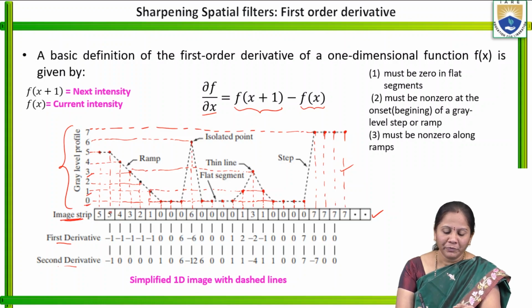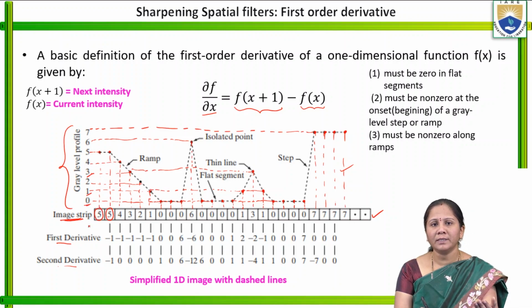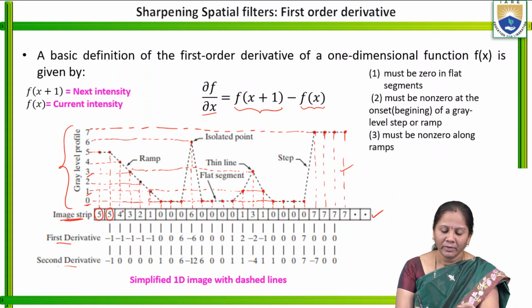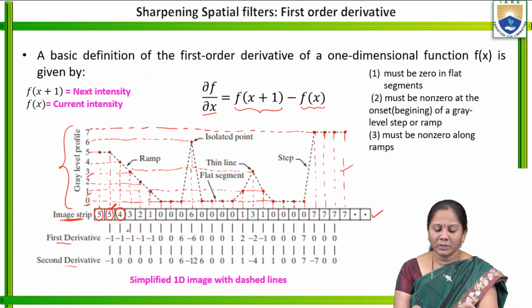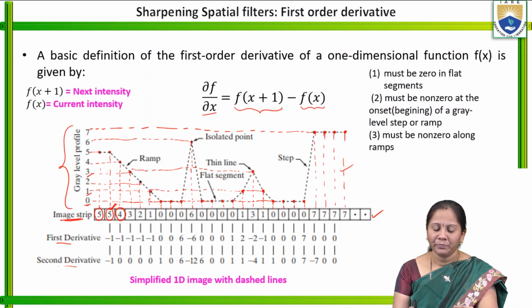For example, if we consider this value 5, it is called the current intensity f of x. And before this, we have this 5, which is called the previous intensity value, which is represented as f of x minus 1. And here, this is the current intensity. After that, we have one more value, which is 4, present next to the current value. That's why it is called next intensity, which is represented with the function f of x plus 1.